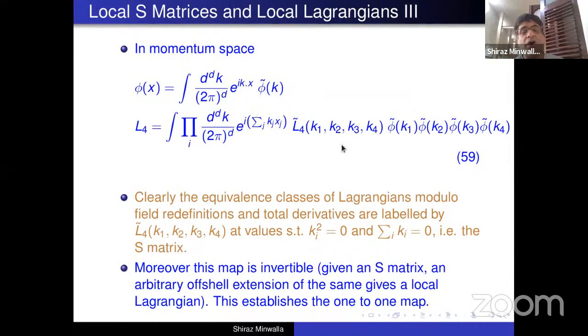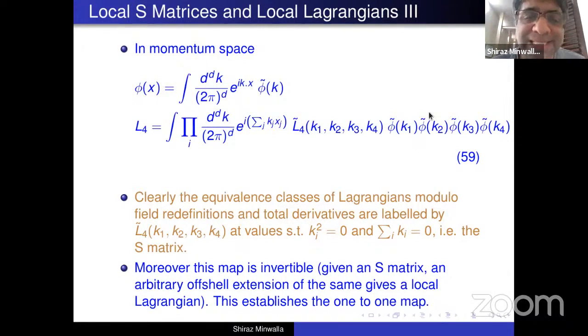So if we take these L4 of k1, k2, k3, k4, and regard as equivalent those L4s that differ either by terms that are 0 when k1 plus k2 plus k3 plus k4 is 0, or by terms that are 0 when either k1 squared or k2 squared or k3 squared or k4 squared is 0, then that set is in one-to-one correspondence with the set of Lagrangians, modulo field redefinitions and modulo total derivatives.